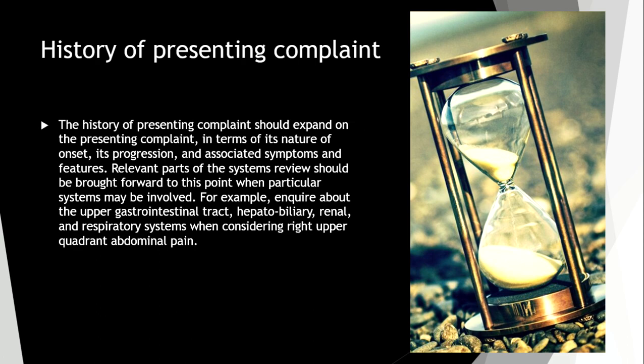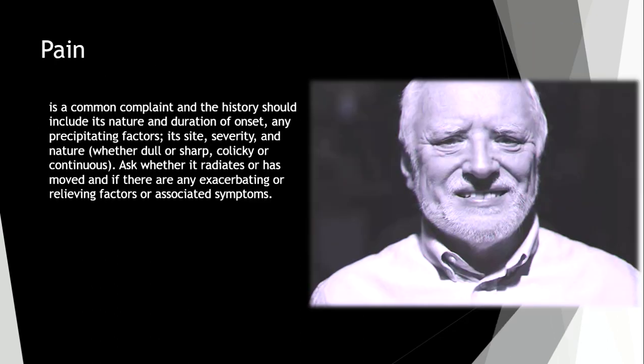Relevant parts of the systems review should be brought forward to this point when a particular system may be involved. For example, inquire about the upper gastrointestinal tract, hepatobiliary, renal, and respiratory systems when considering right upper quadrant abdominal pain.